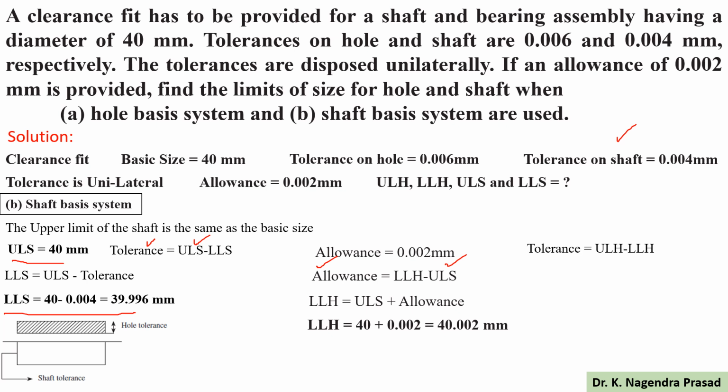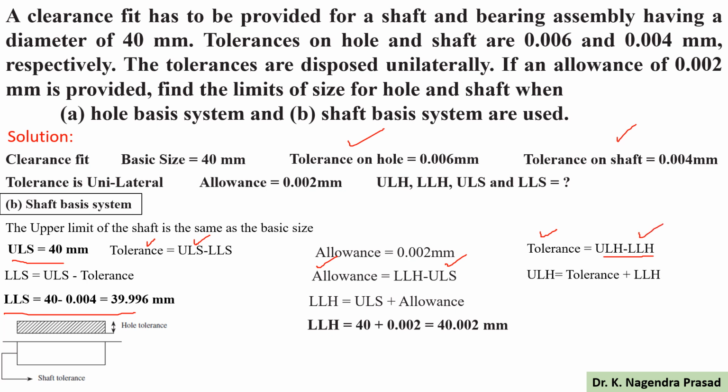Next we determine the upper limit of the hole. For this we have to use the tolerance on the hole. So tolerance on the hole equals the upper limit of the hole minus lower limit of the hole. We know the tolerance on the hole and also the lower limit of the hole.